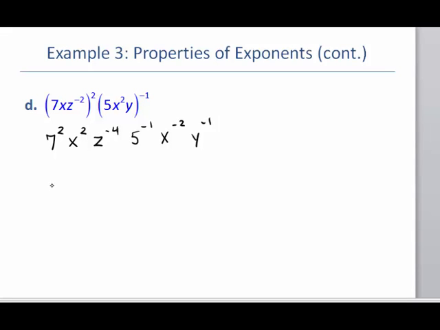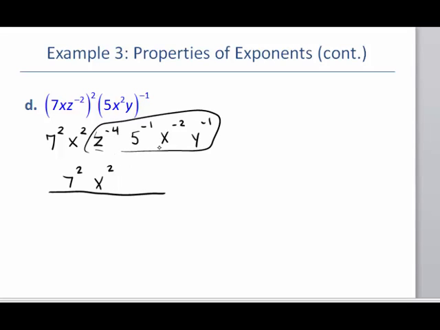All right, let's create a fraction and let's make sure that we have all our exponents positive. So one term at a time, the 7 squared I'm going to leave in the top. The x squared I'm going to leave in the top. All four of these terms have negative exponents. I'm going to drop all of these to the bottom. So z to the 4th, 5 to the 1st, x squared, y to the 1st.